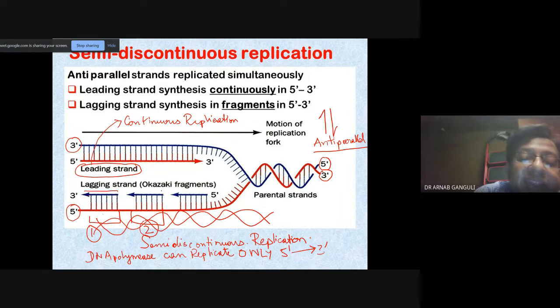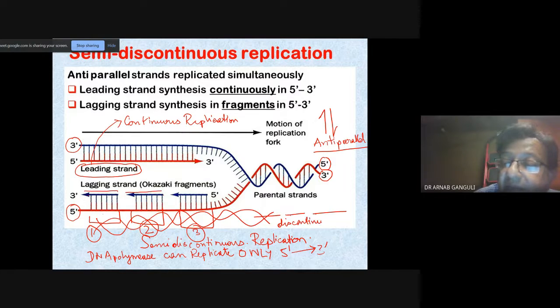And again, this little part is formed. Again, this third region is unwound. And this comes over first. So what you have is little discontinuous strands. It has gone back, gone some distance forward, then it has stopped. Again it goes back again.